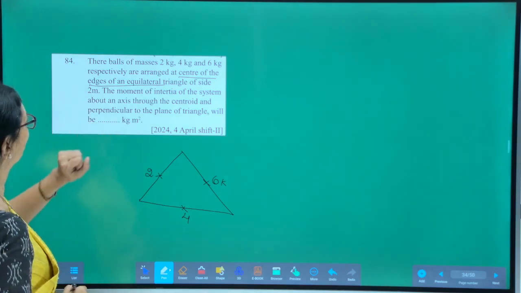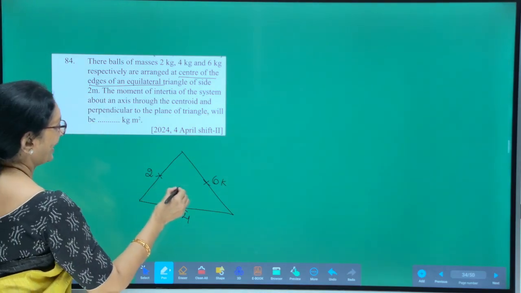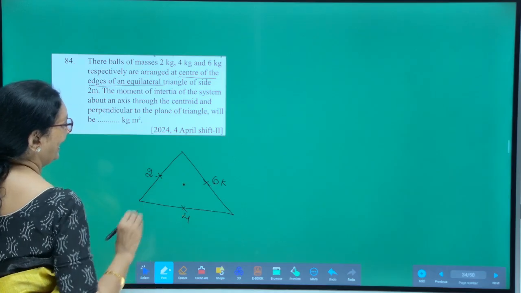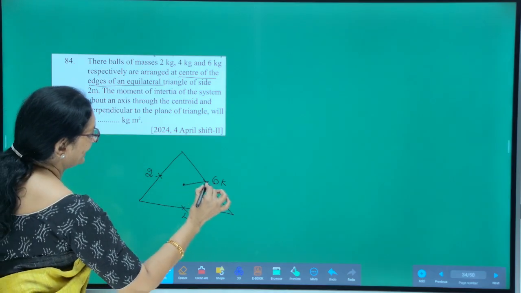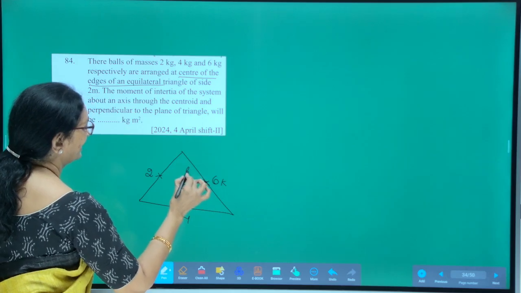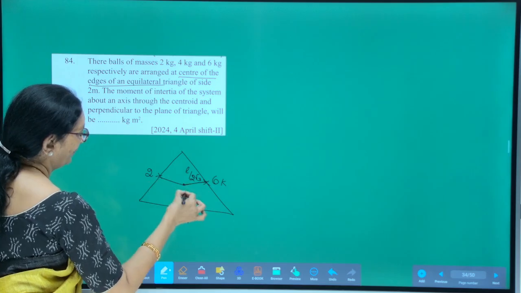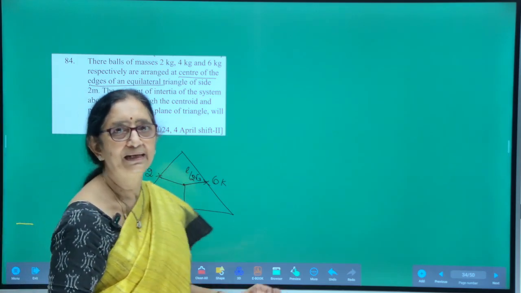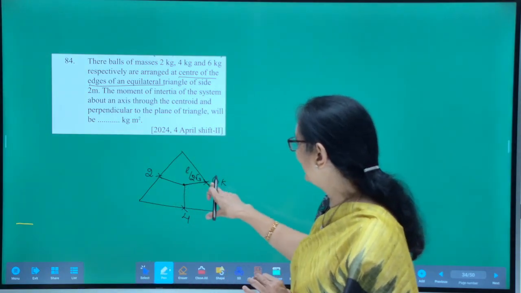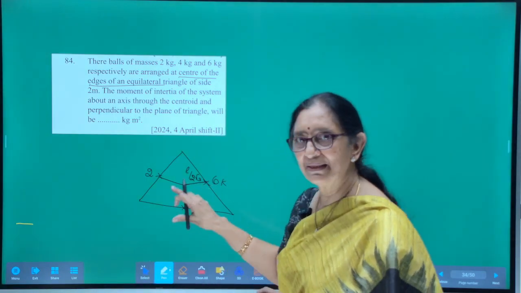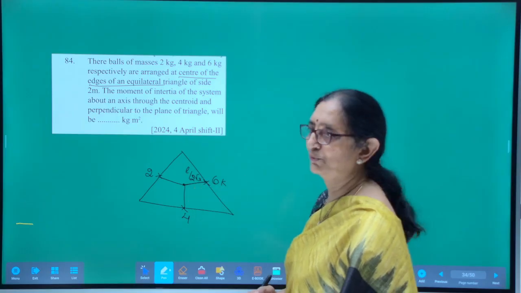Moment of inertia of this system about an axis passing through the centroid and perpendicular. So, this perpendicular distance is L by 2 root 3. All of them will be at the same distance. The distance of the center of each side from the centroid is L by 2 root 3.